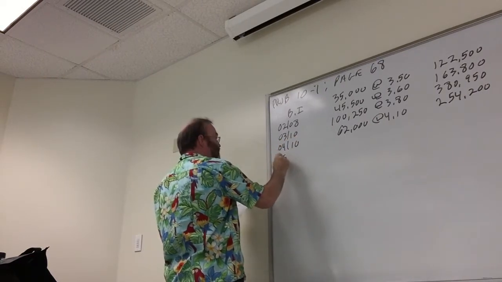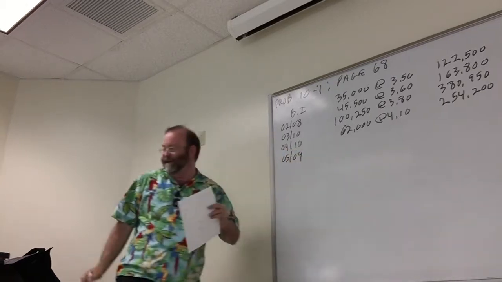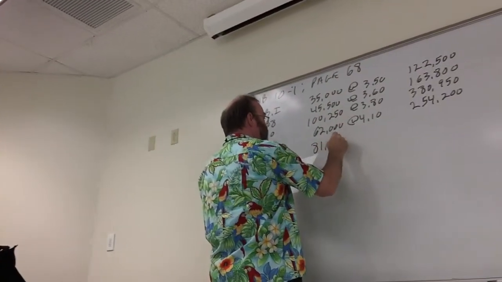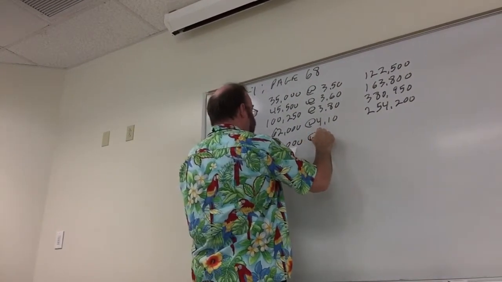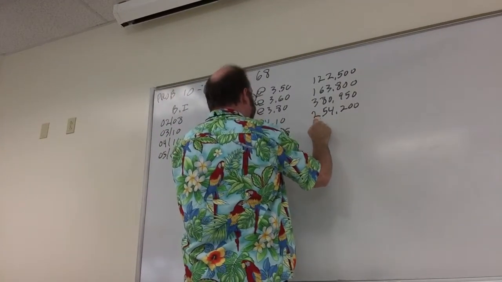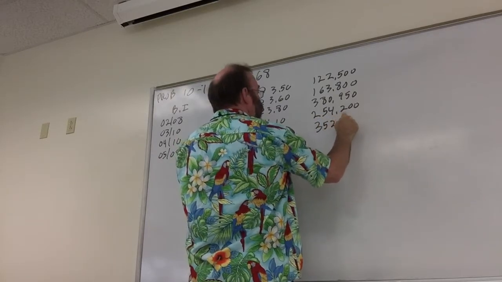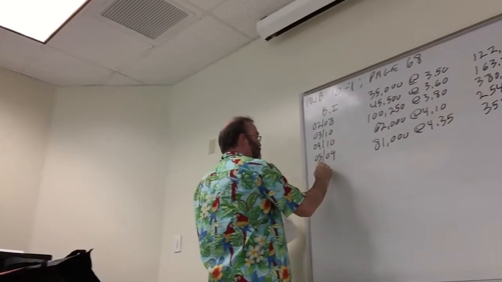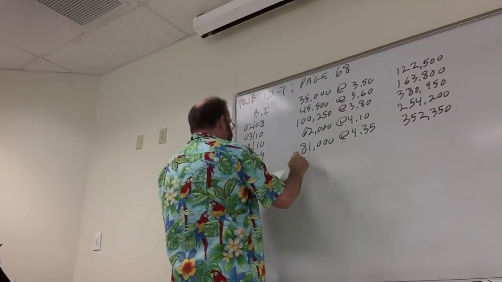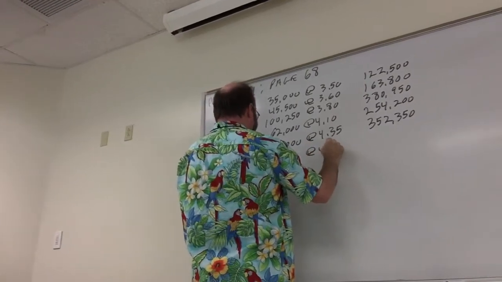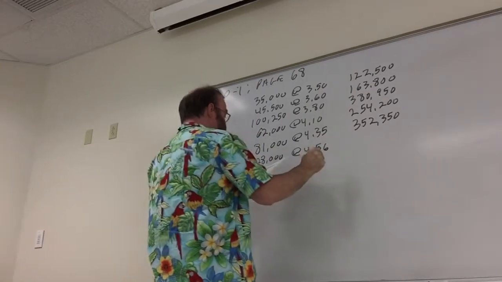And now we do May 9th. On May 9th, we bought 81,000 units and we paid $4.35 for a total for that purchase of $352,350. And then on June 19th, we bought 28,000 units, and we paid $4.56.